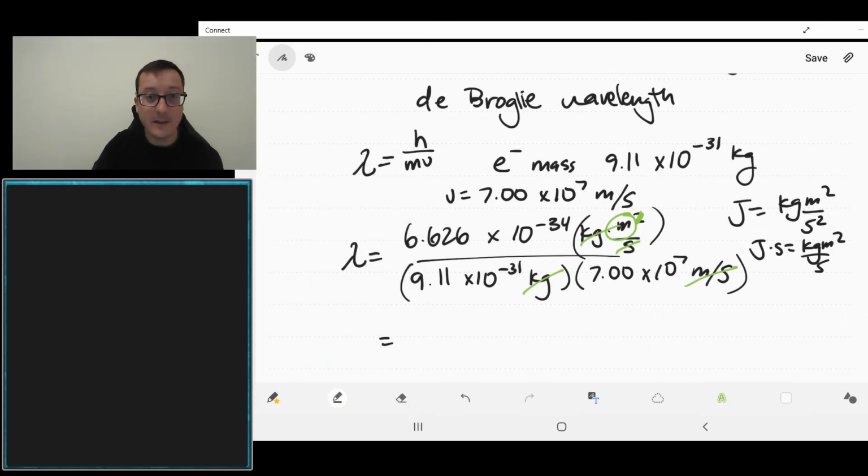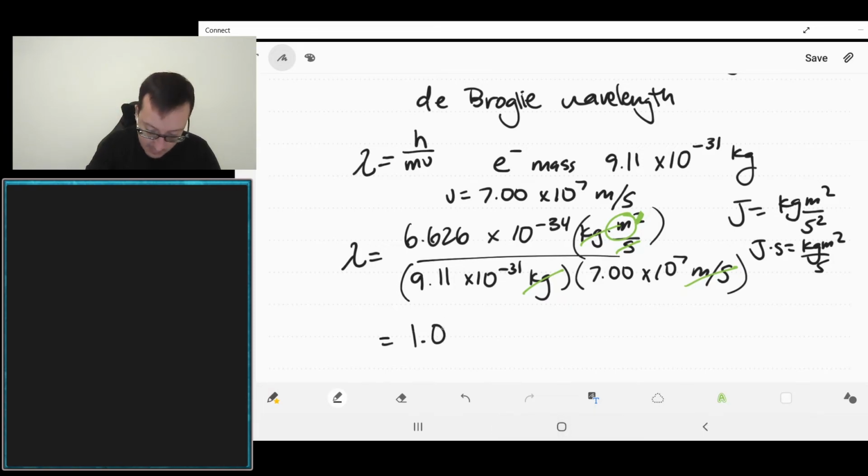Let's see what this electron happens to have as its wavelength. 6.626 times 10 to the negative 34 divided by 9.11 times 10 to the negative 31 divided by 7 times 10 to the 7th. This one happens to be an X-ray electron, apparently.